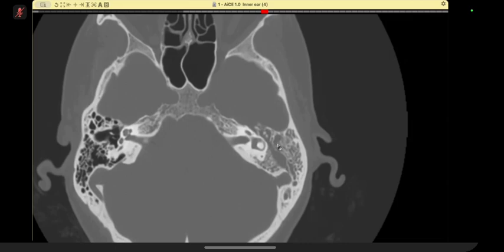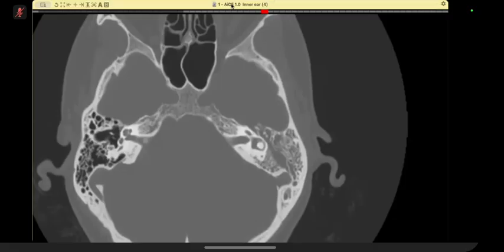The only thing is that she has got unexplained hearing loss and tinnitus. Okay, so I would like to check the vestibulocochlear nerves. Which investigation do you want? MRI to check the nerves.